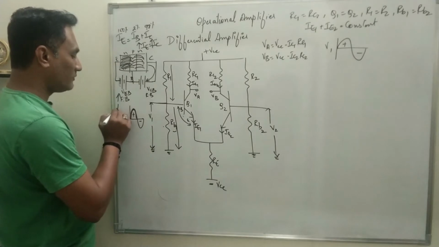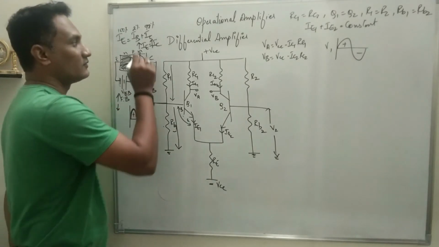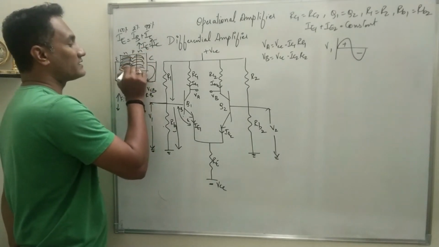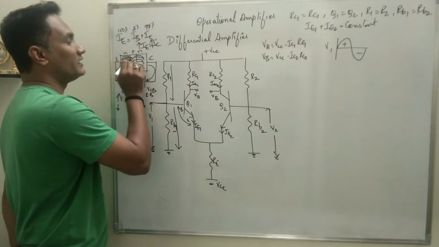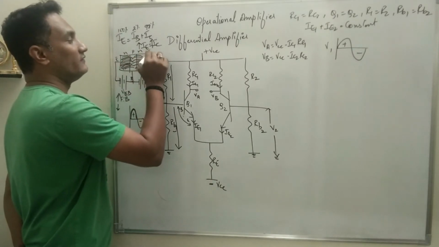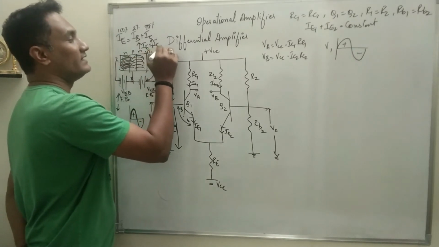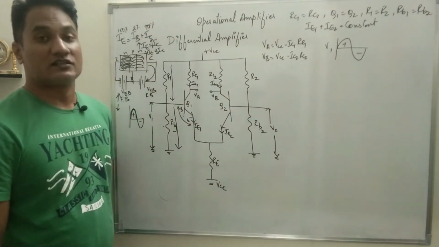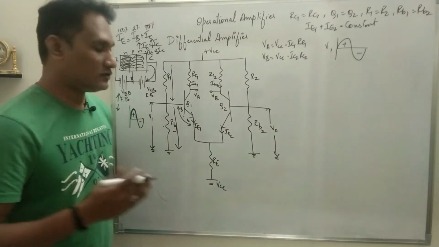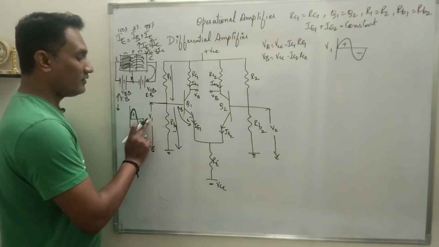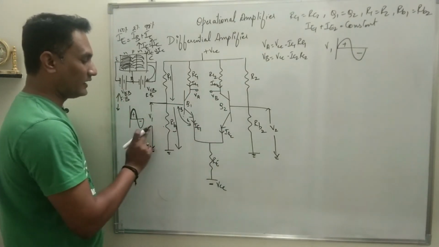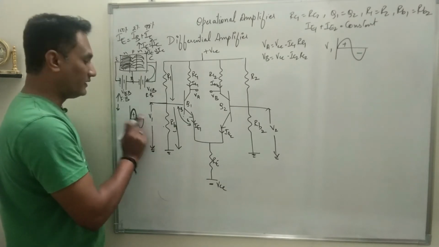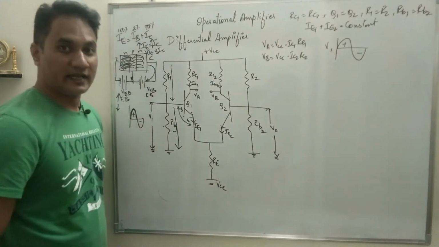And if the forward bias voltage decreases, less charge carriers will move out of the emitter into the base, so IE will decrease, and as IE is equal to IC, IC will also decrease. So this has to be remembered so that we can understand the working of the differential amplifier when input voltage is applied at V1 for the positive as well as the negative half cycle.